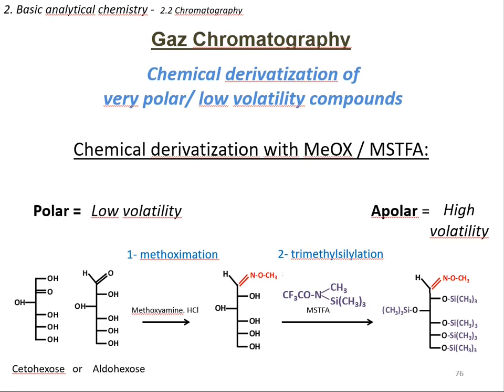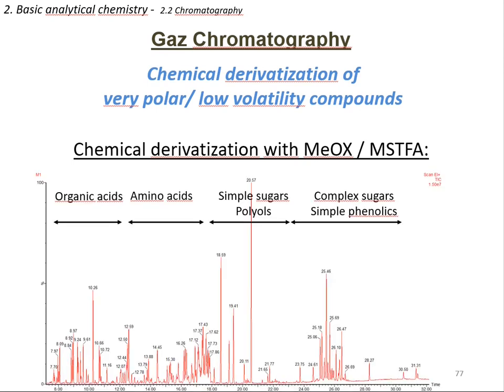By doing that, you will increase the volatility, so you will decrease the temperature of volatilization, and you will decrease the polarity of the molecule. So it's a very interesting technique because you can analyze basic primary metabolites, and this is one of the most efficient methods to do so.